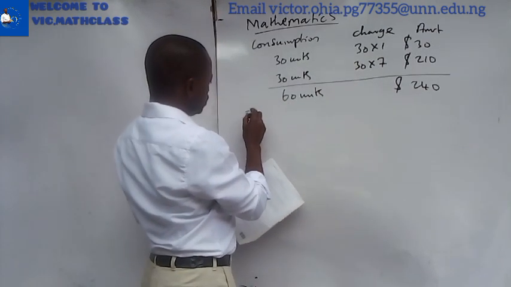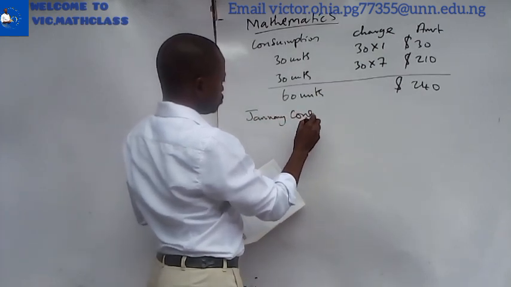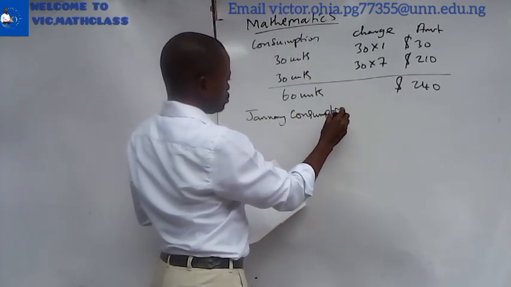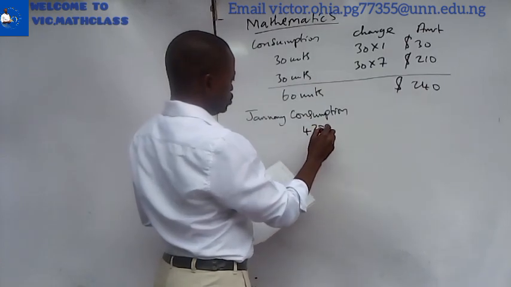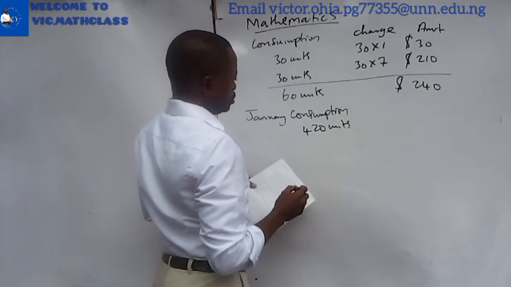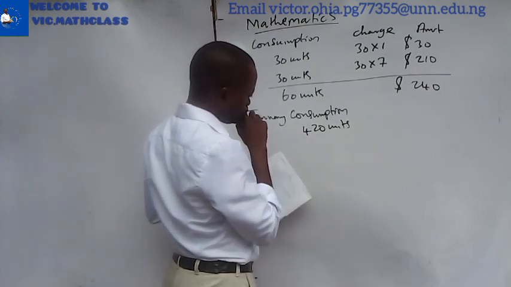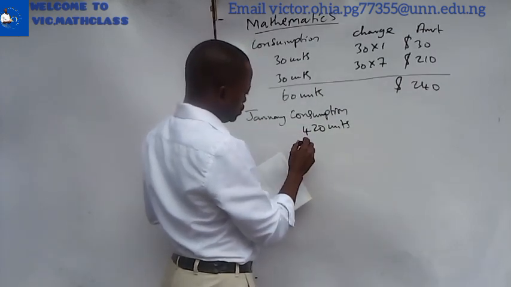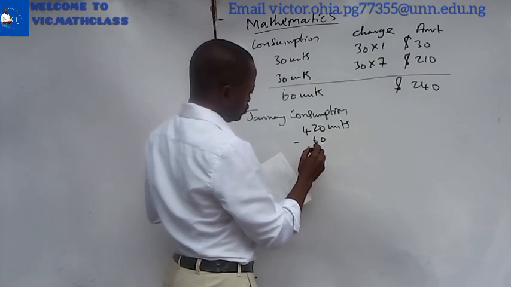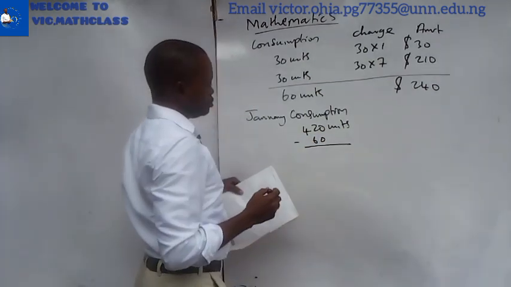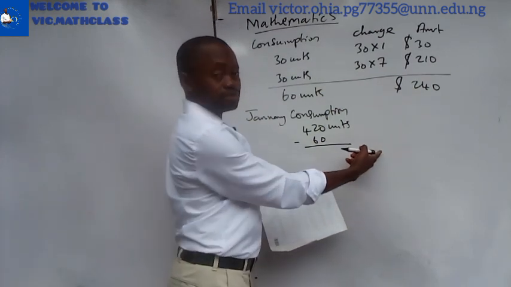So if we have January consumption, and it is 420 units, let's remove 60 out of it. The leftover is going to be times 5.